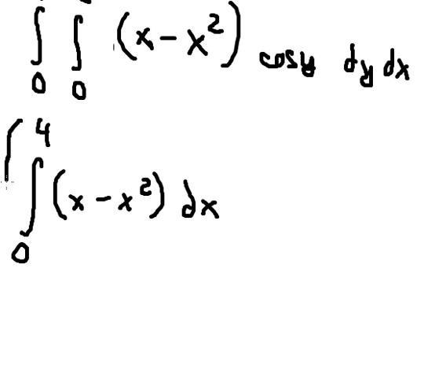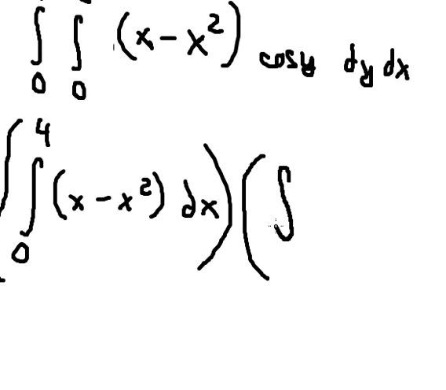So this one will multiply by this one. And we have the integration from 0 to b over 2. So we put cosine y dy cone here.